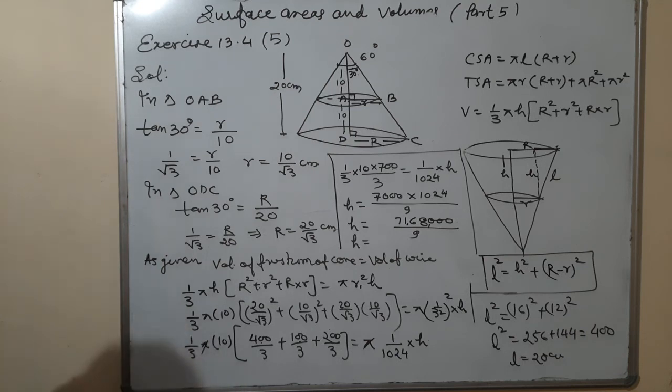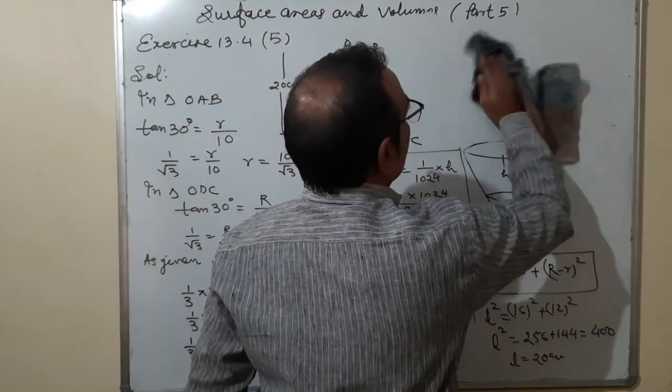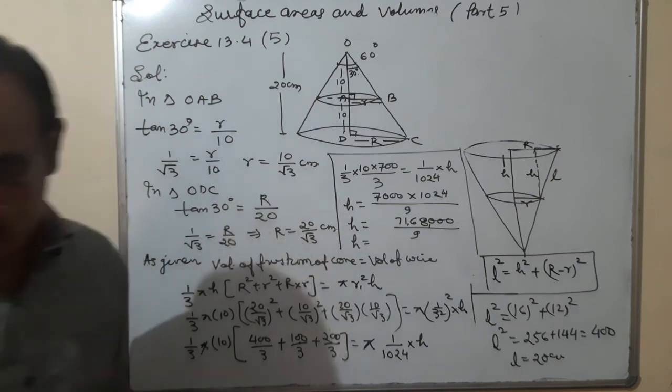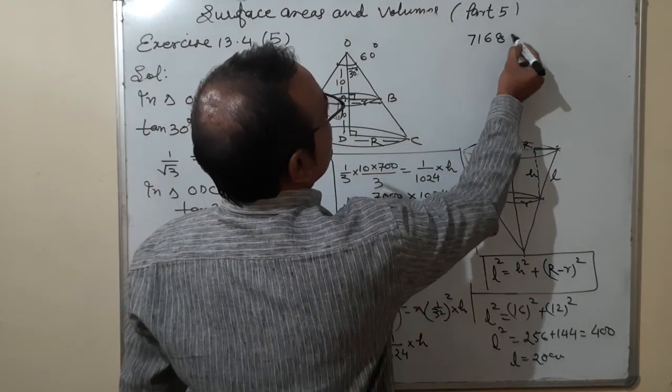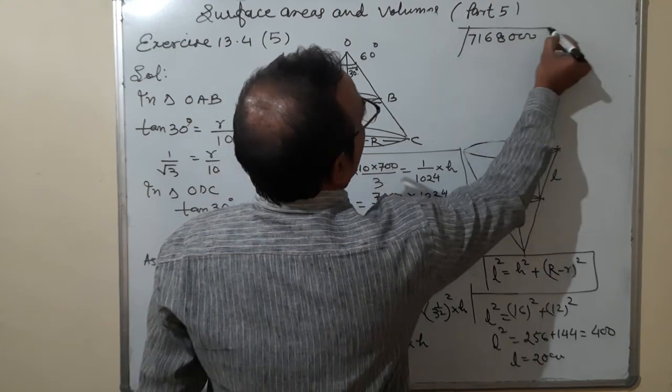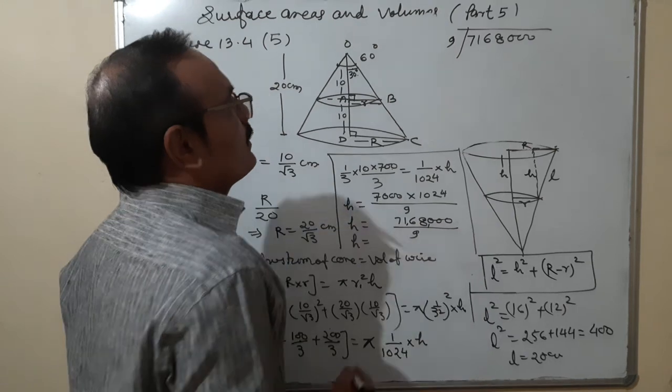So when I divide 7168000 by 9, what is coming?